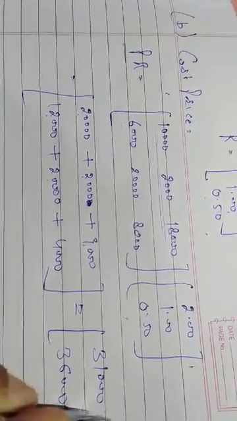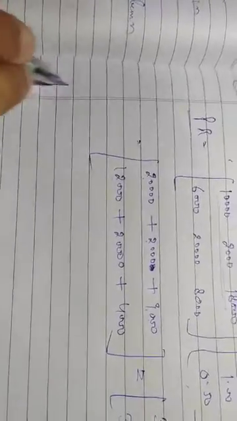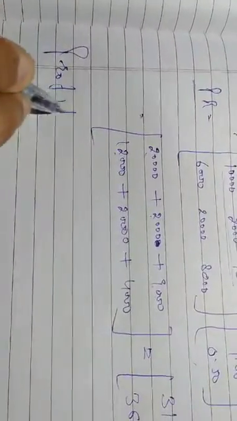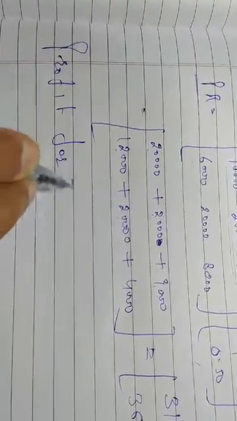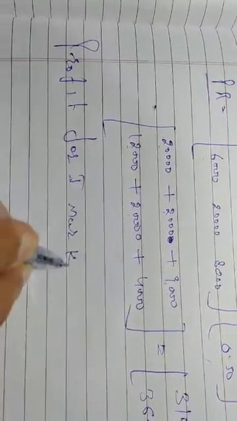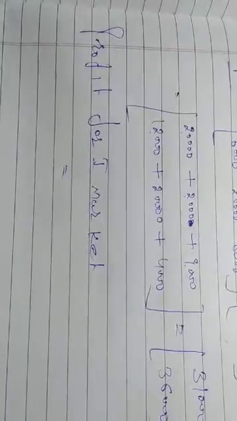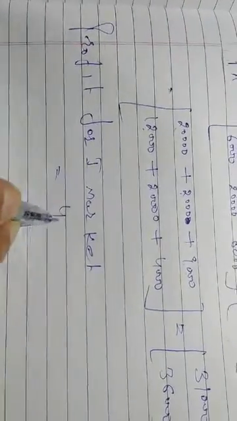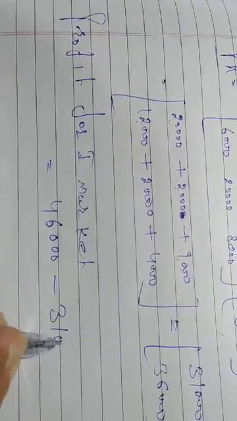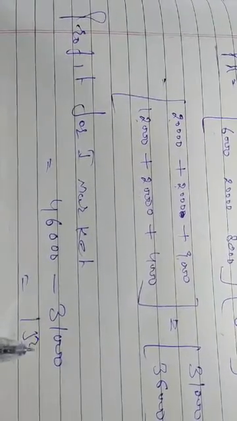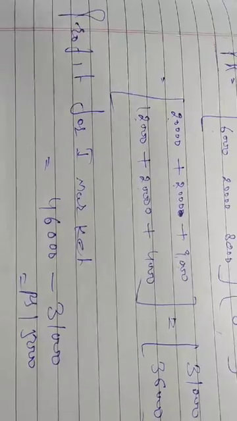36,000. If net revenue, how much is the profit? Profit for the first market: total sale price 46,000, cost price 31,000, so 15,000 rupees profit.